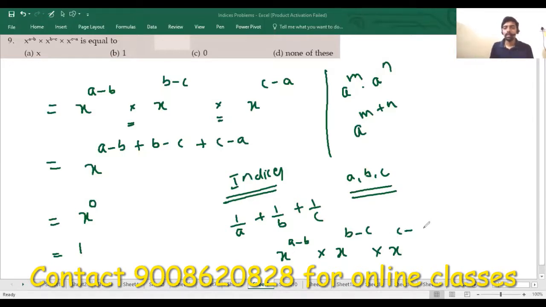No. Again, they wrote a, correct? So a, b, c are revolving. a became b, then b became c, and then c became a. So this is called cyclic symmetry, guys. So whenever in this chapter you find questions in cyclic symmetry, always the value will be 1.